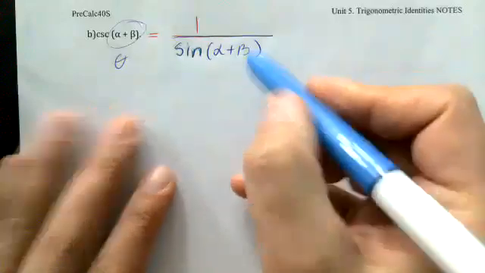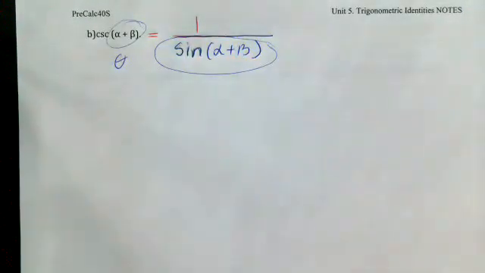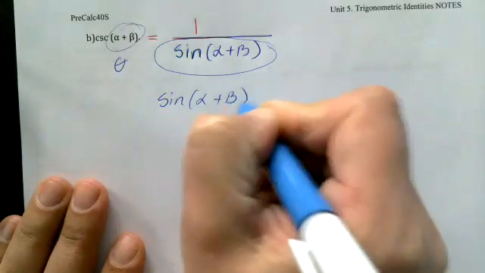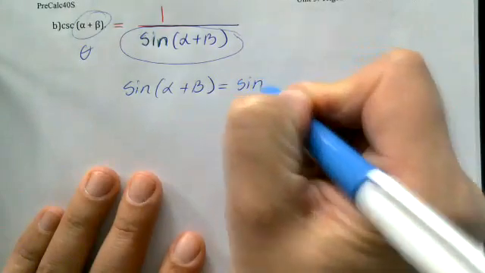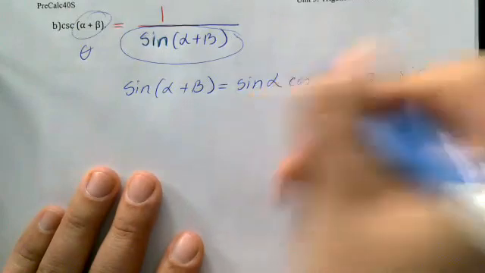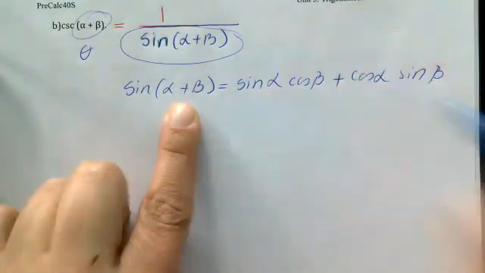So all I would have to do is expand sine of alpha plus beta, get to an exact value, and at the very end, I have to remember that I have the reciprocal of that value. Okay, so sine of alpha plus beta, expansion looks like this. Sine, cos, sine, alpha, beta, and then plus in the middle.